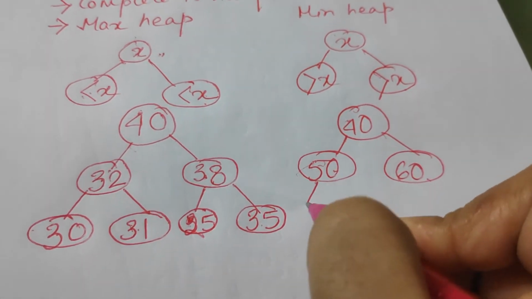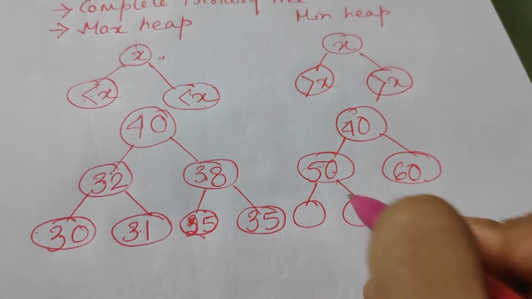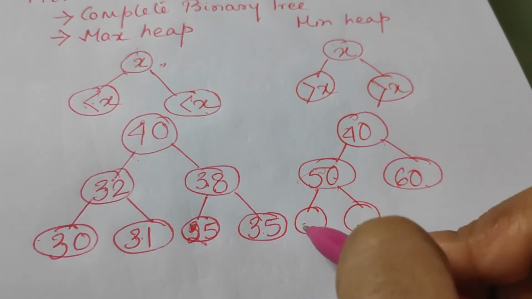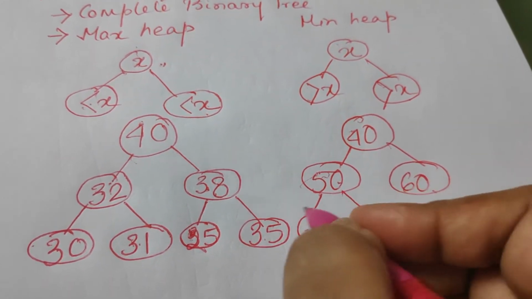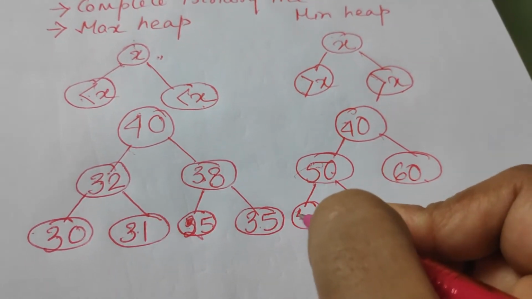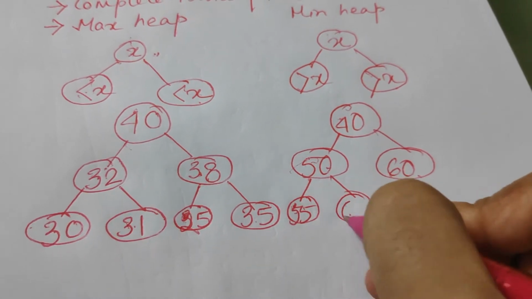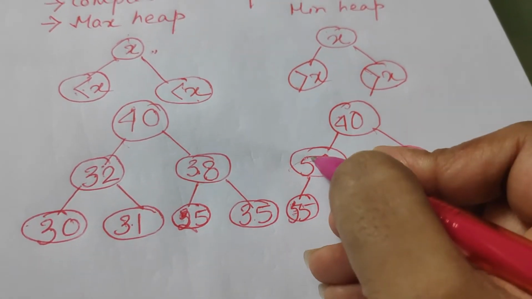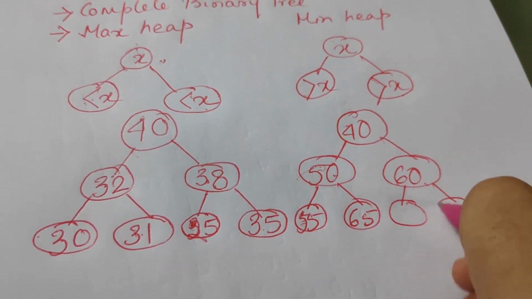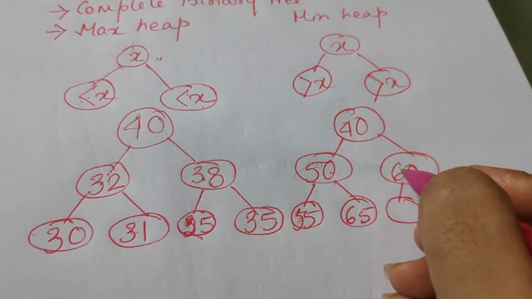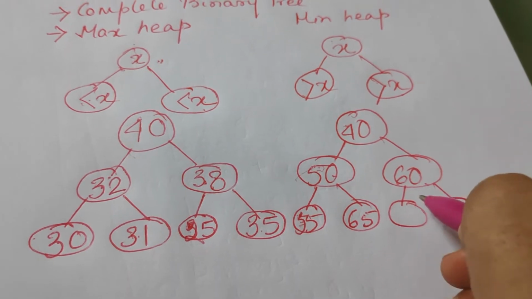Again, left and the right child nodes of 50 should have values which are greater than 50. So let it be 55 and 65. So both are greater than 50, so it is allowed. And the left and the right child node of 60 should have values which are greater than 60.